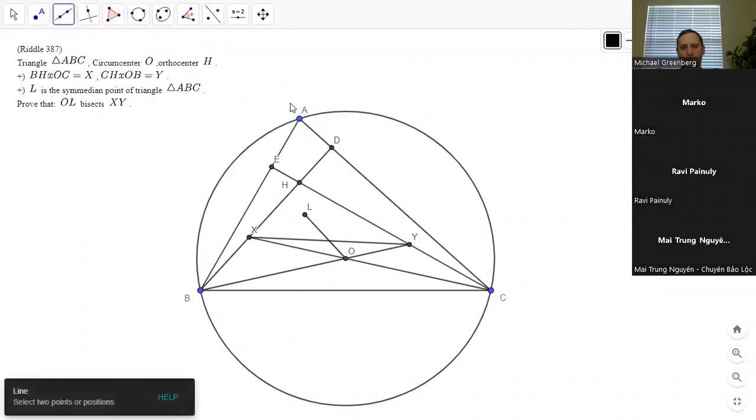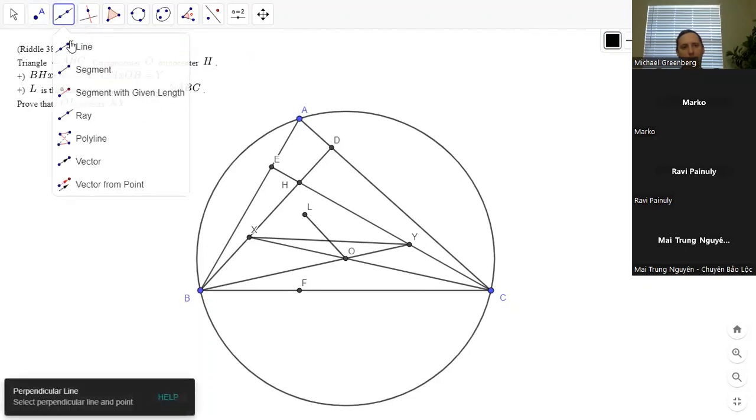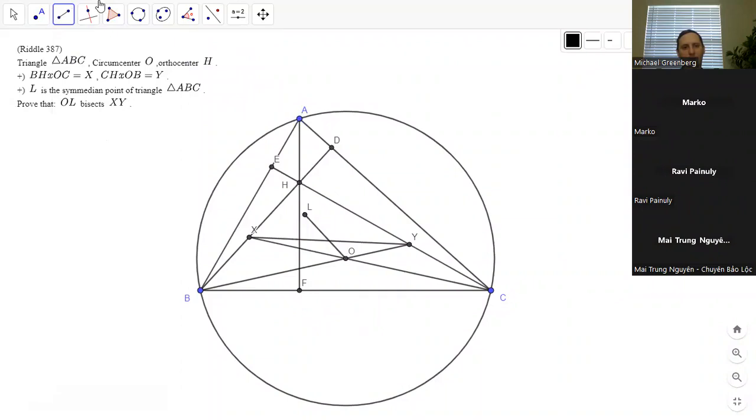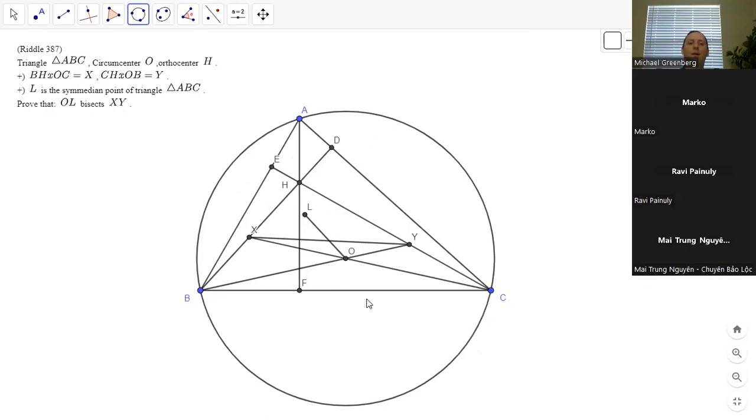So I'm going to draw the other for the altitude. Oh, is the A internal angle bisector or an external? Oh, okay. All right.